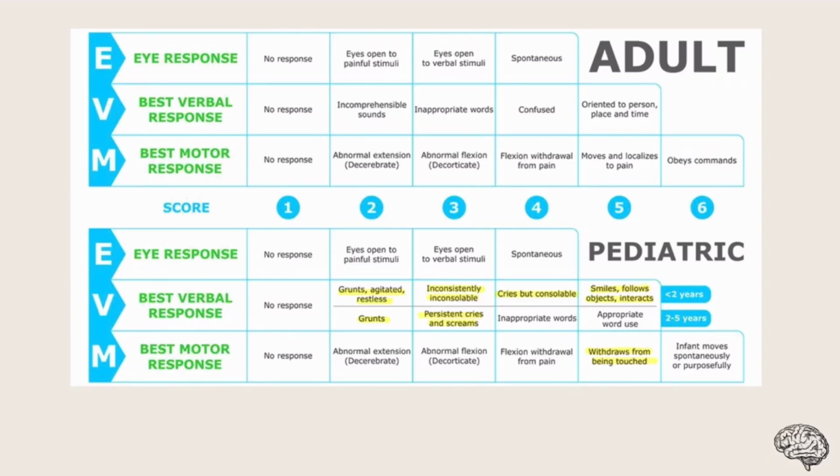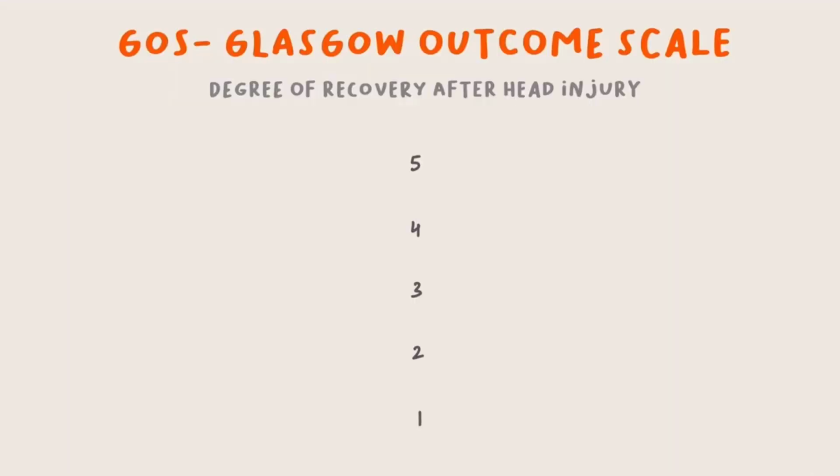Now we're done with the GCS, which was a huge chunk. The Glasgow Outcome Scale, or the GOS, is the aftermath of the head injury that we were evaluating while we were checking the GCS of a patient. So, this is the degree of recovery or the quality of life that a patient would probably have after recovering from this head injury.